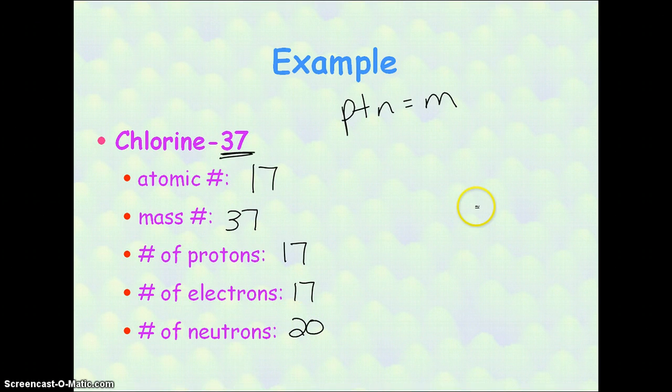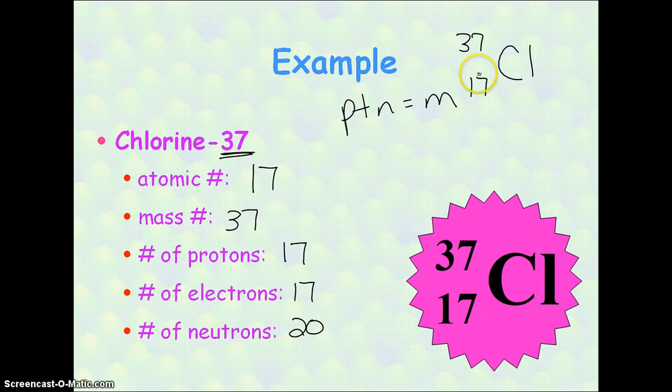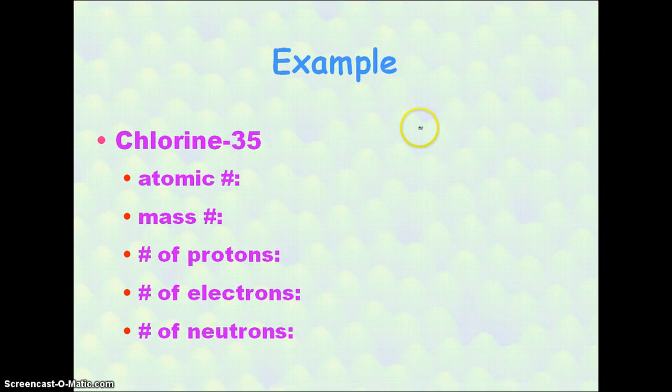Now to write the symbol, we'd have chlorine, our mass on top, and then our atomic number on bottom. Okay, like so. All right, let's look at another example. All right, this is chlorine-35. Okay, so it's still chlorine, so our atomic number is still 17, and protons and electrons are still 17 because we're neutral.